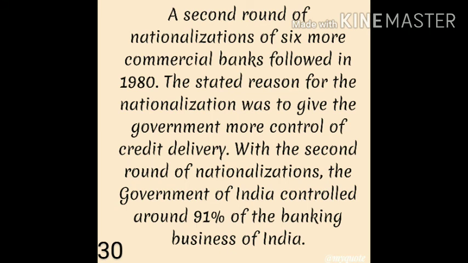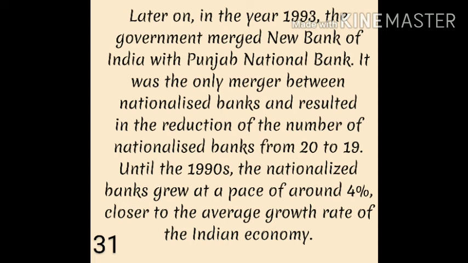The stated reason for the nationalization was to give the government more control on credit delivery. With the second round of nationalization, the Government of India controlled around 91% of the banking business in India. Later on, in the year 1993, the government merged New Bank of India with Punjab National Bank.